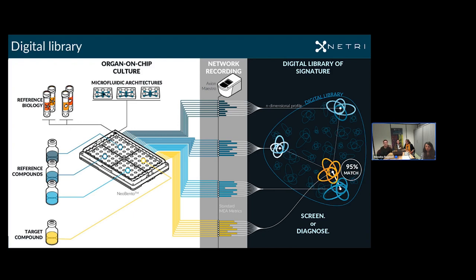So if you have a target compound that you want to test in reference to those, you can start seeing matches and correlations, the distances between those n-dimensional vectors, to inform your choices for screening your compounds.